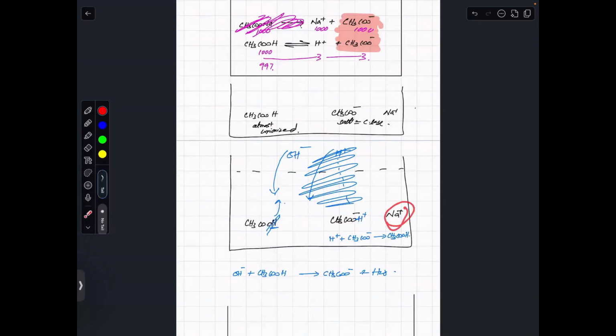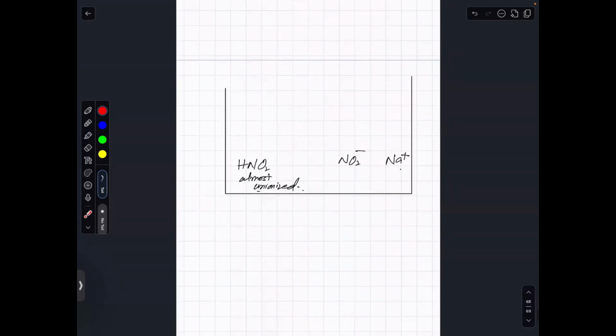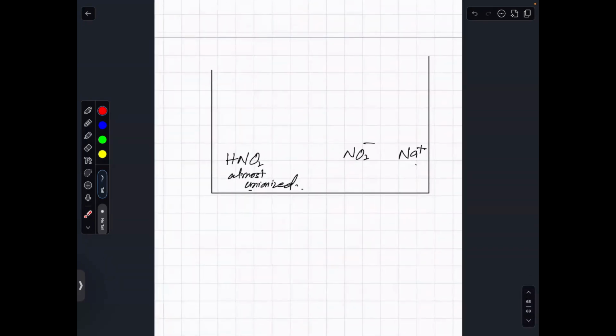Na plus is not part of the reaction. The H plus is neutralized by the conjugate base. The OH negative is neutralized by the weak acid. The Na plus is spectator. In this one, exactly the same will occur. The H plus is neutralized by this. The OH negative added is neutralized by this.